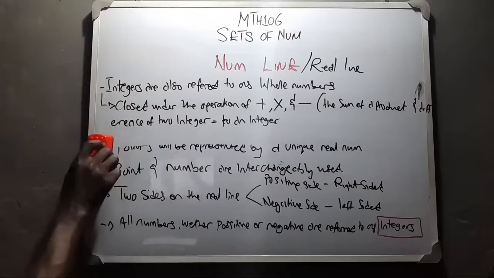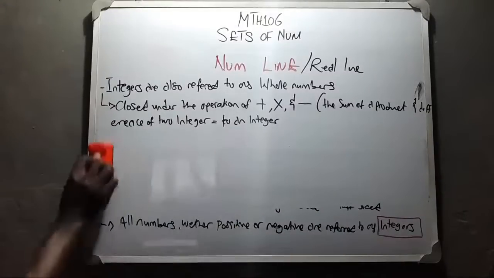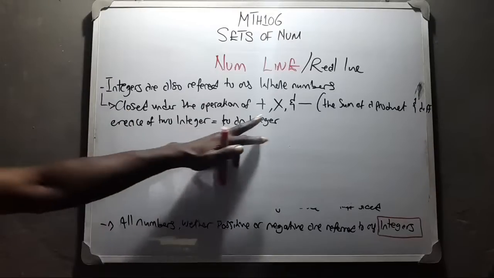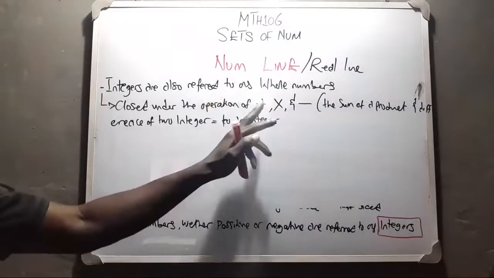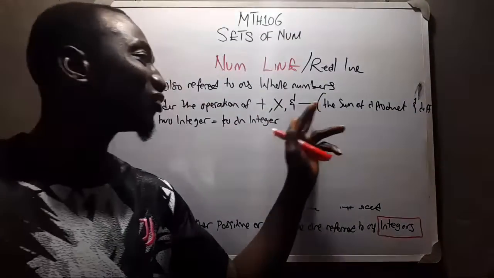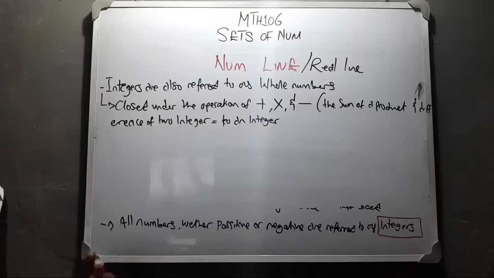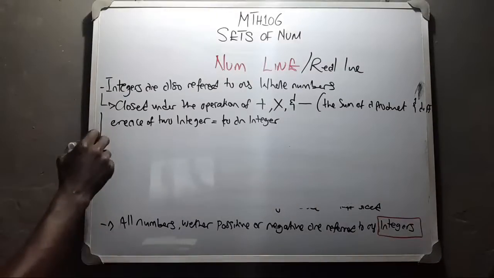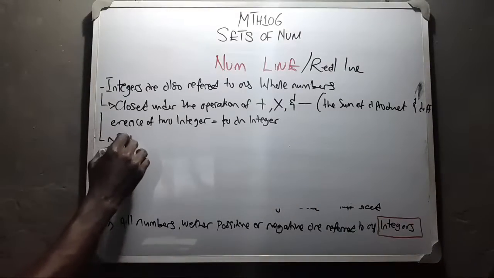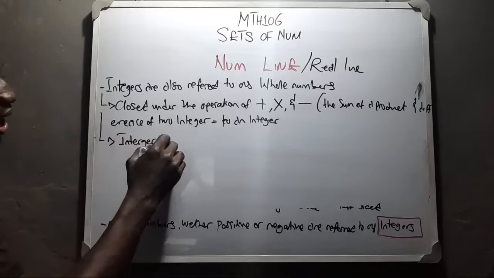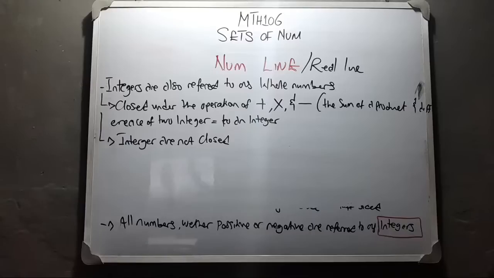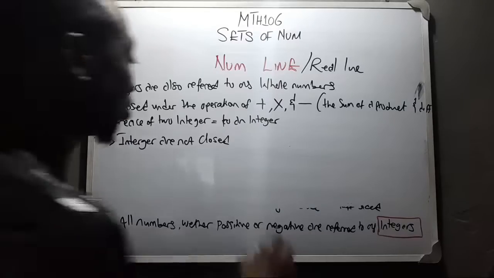Let me create more space. Now as integers are closed under the operation of addition, multiplication, and subtraction, under the operation of division it's a different thing. Under the operation of division, integers are not closed.